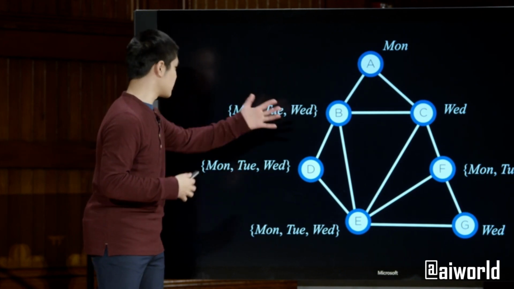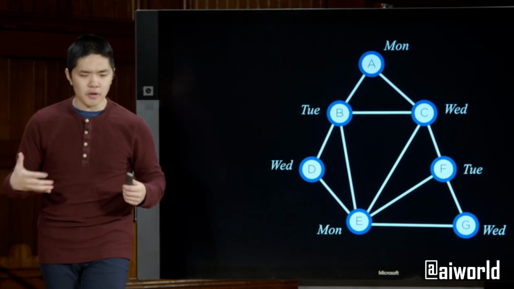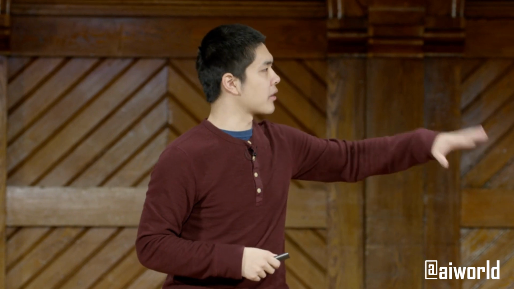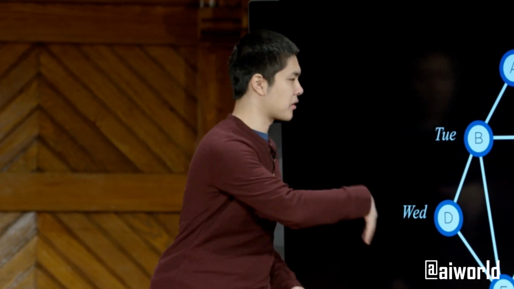And ultimately, if you continue this process, we will find a solution, an assignment of variables to values that allows us to give each of these exams, each of these classes, an exam date that doesn't conflict with anyone that happens to be enrolled in 2 classes at the same time.